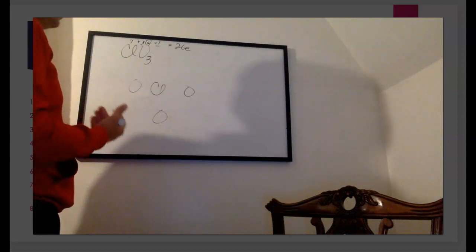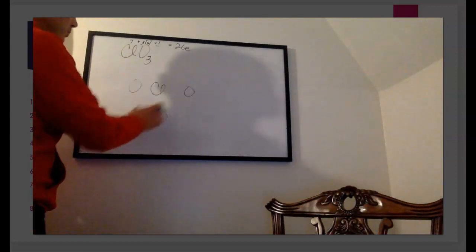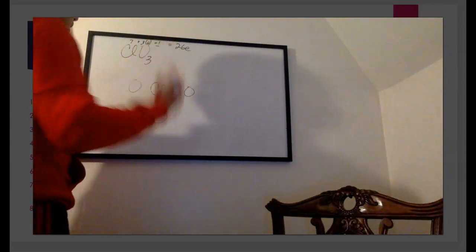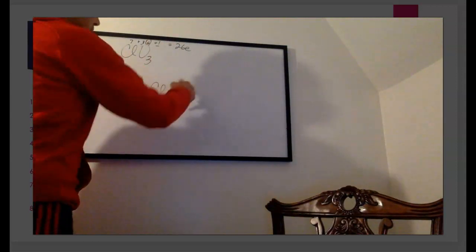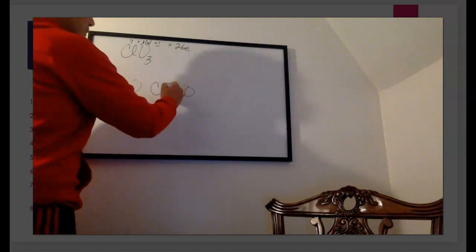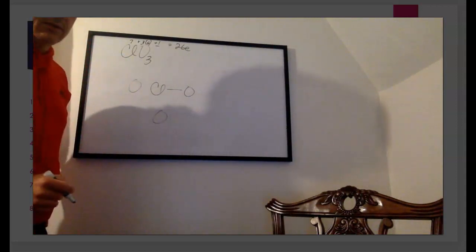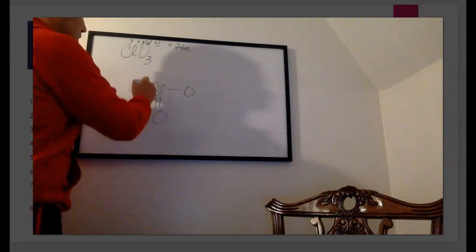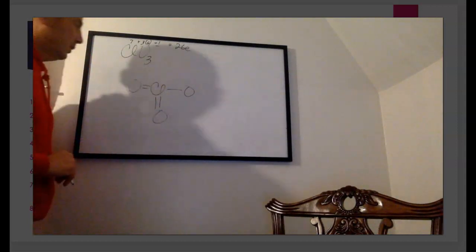So one of them doesn't have 6 valence electrons. One of them has 7. So we arbitrarily pick; I'm just going to say this is my guy that's going to have 7. Because it has 7, this guy only wants 1 bond. However, these two have 6, and so they want 2 bonds. So we're going to stick to it like that.